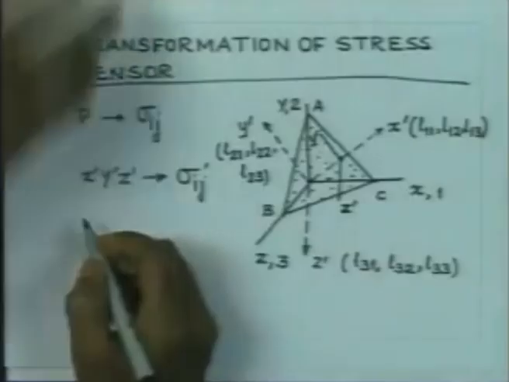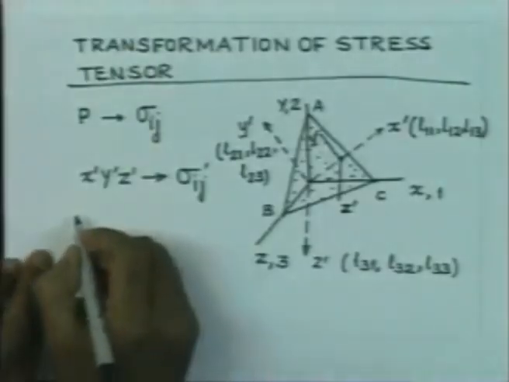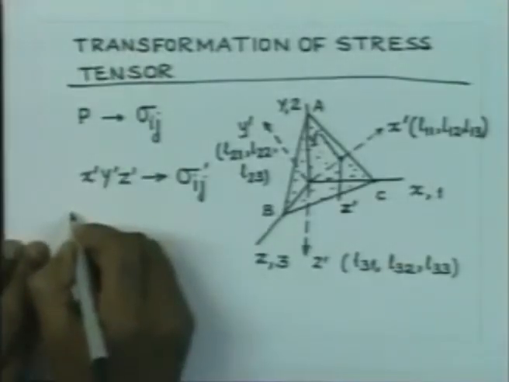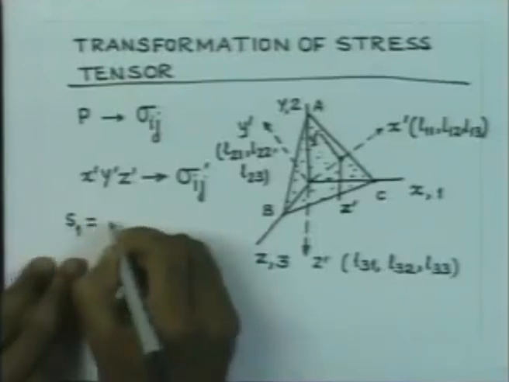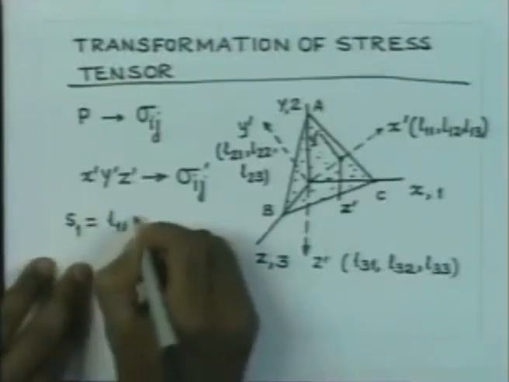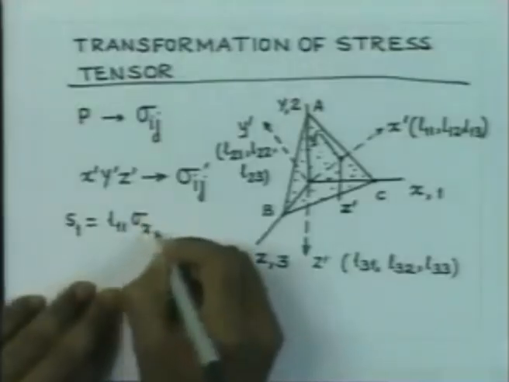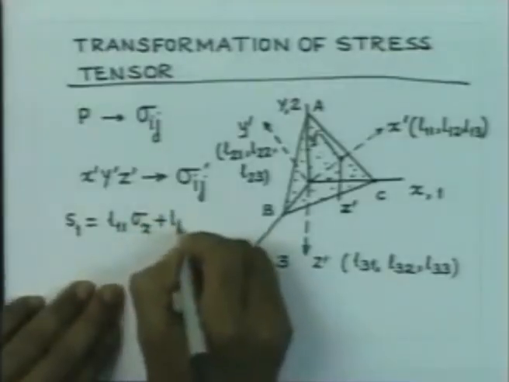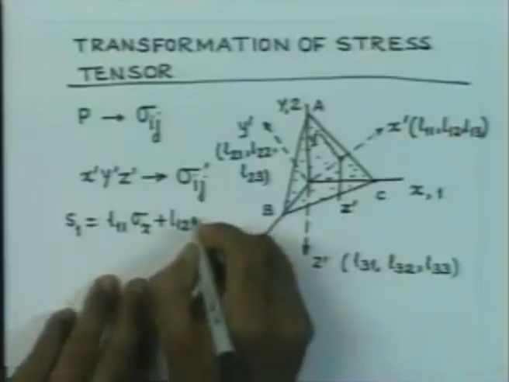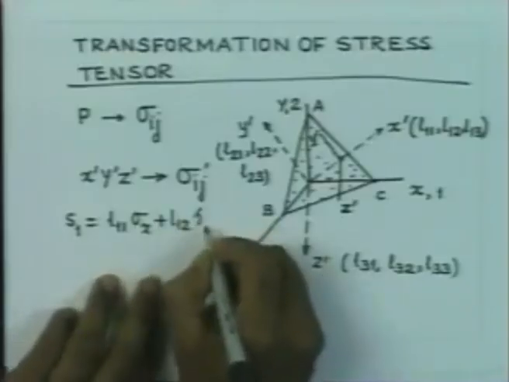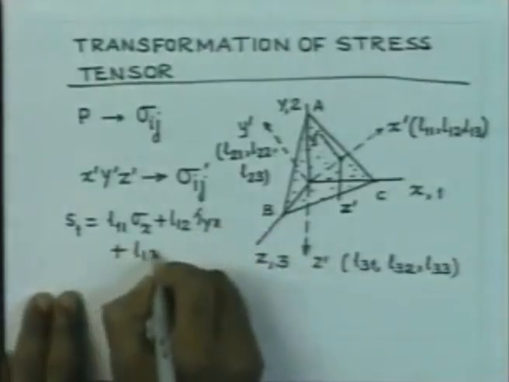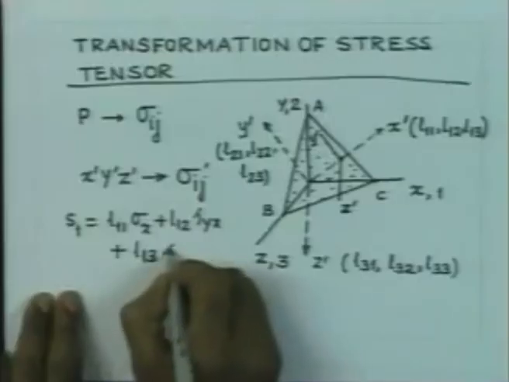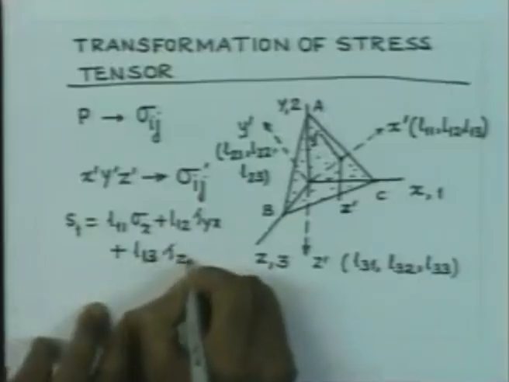Now, we can write the traction on this plane. Let us say S1 is going to be given by L11 sigma x plus L12 tau yx plus L13 tau zx.